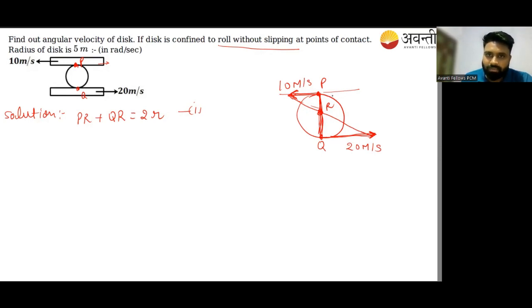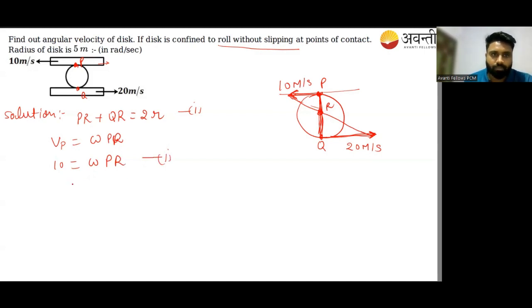So for point P, Vp is equal to omega times PR. So Vp, which is given as 10, equals omega times PR. This is equation number 1.